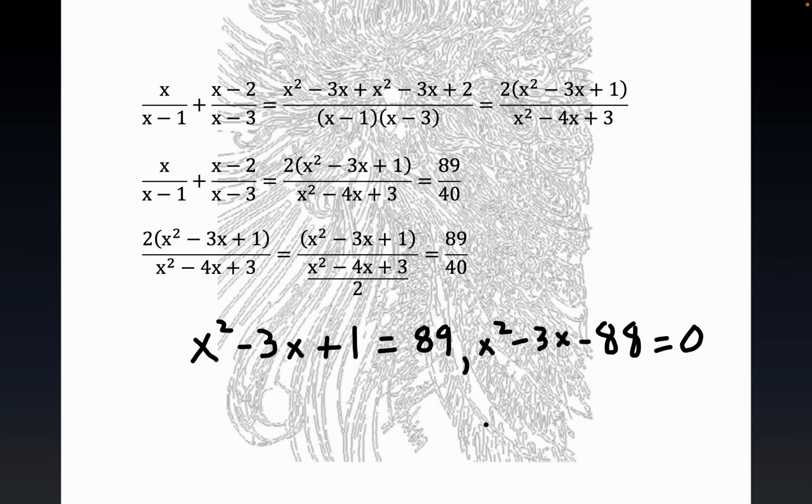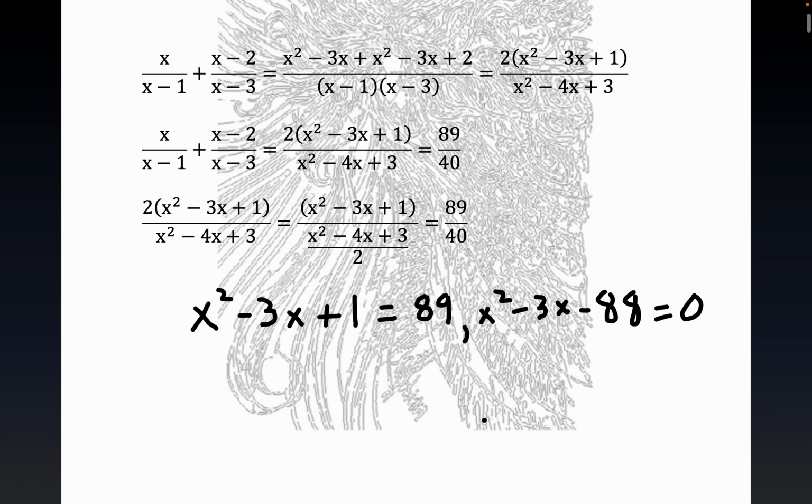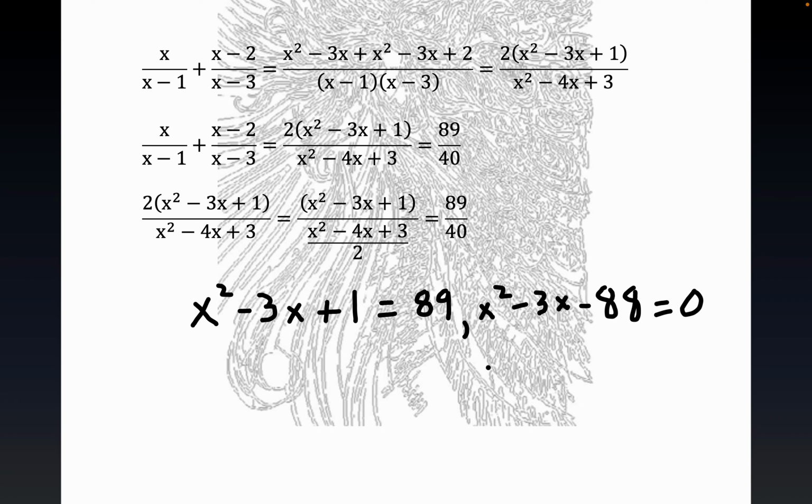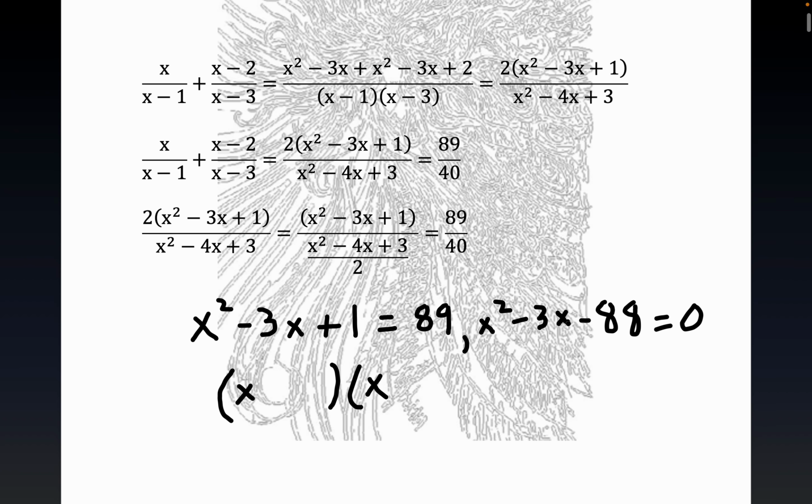Okay, and then I believe, let's take a look here. I think it factors nicely. If it's going to factor, it would have to look like this, right? x, x, and we're looking for a pair of numbers that combine to give minus 3 here, and also via multiplication give you a negative 88.